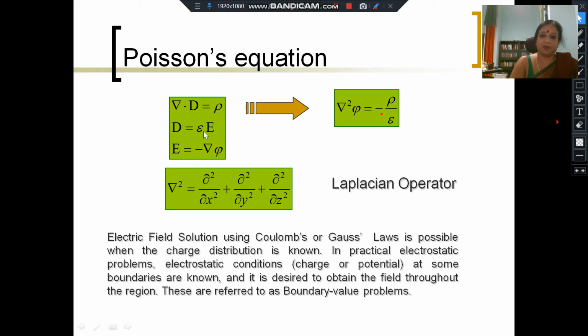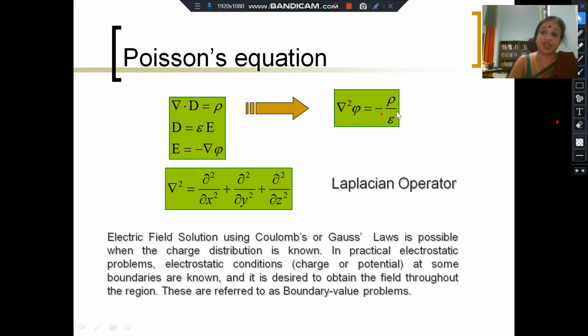Now, if you combine these three equations together, you get this differential equation: del square phi is equal to minus rho by epsilon. What is del square? Del square is the Laplacian operator: del square by del x square plus del square by del y square plus del square by del z square. So the electric field in a dielectric medium is governed by Poisson's equation, which is given by del square phi is equal to minus rho by epsilon.